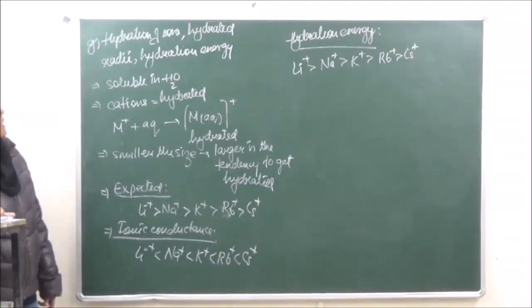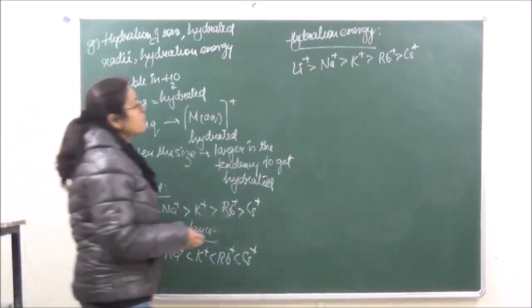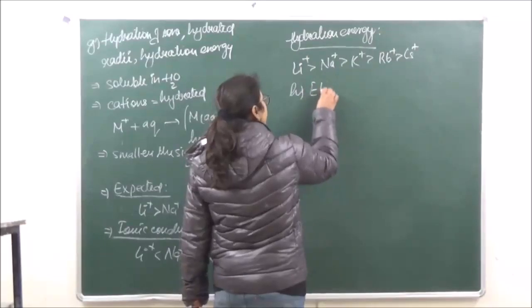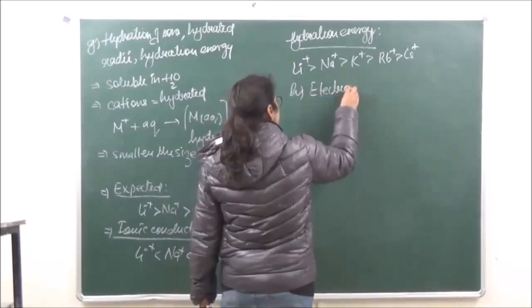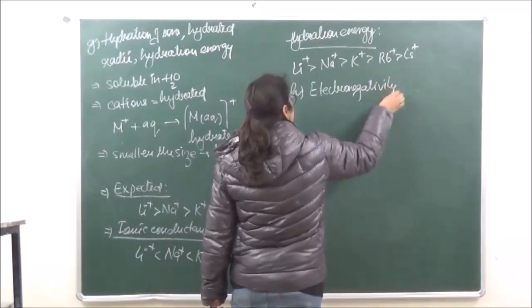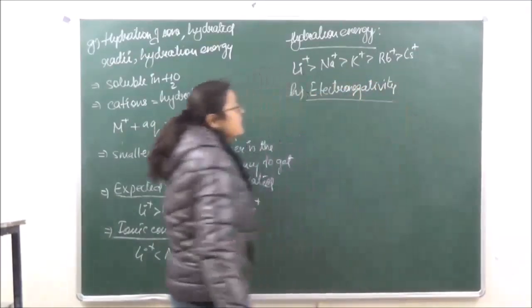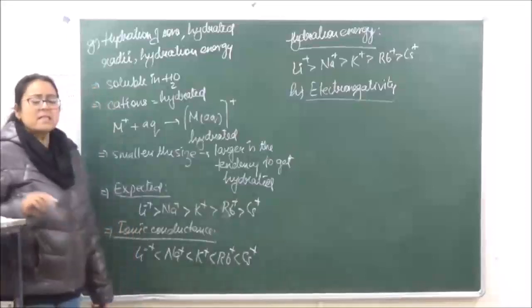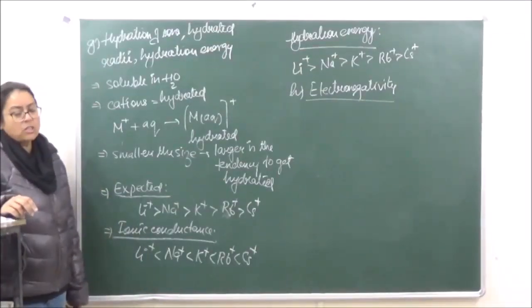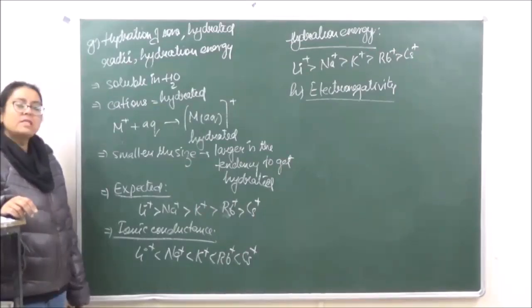Is it clear? Then the next property which we have is electronegativity. Electronegativity as such does not make much sense with respect to alkali metals, because all of them are going to be electropositive in nature. But in general, it is seen that the electronegativity keeps on decreasing down the group.